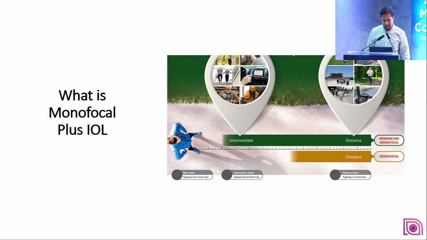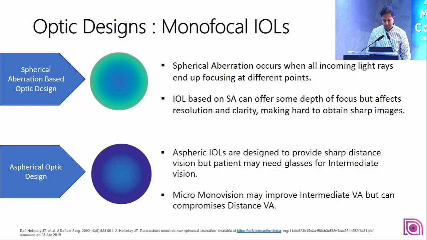So what is a monofocal plus IOL? It should provide distance vision comparable to that of a monofocal IOL, and should provide some good intermediate visual acuity, at around 66 centimeters from the eye. Previously, spherical aberration occurs when all the incoming light rays end up focusing at different points, but IOLs based on spherical aberration can offer some depth of focus, but it can affect resolution and clarity, making it hard to obtain sharp images.